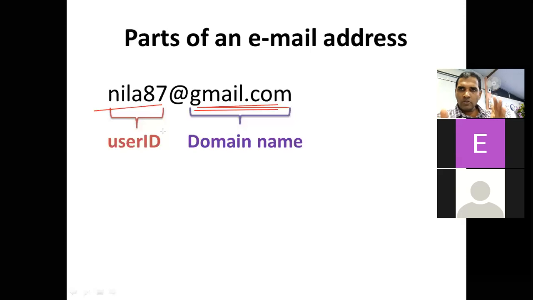Assume that your name is Murali. Now you want to get an email from Google, Gmail. So you try to get murali@gmail.com, because your name is Murali. So you want Murali as the username.